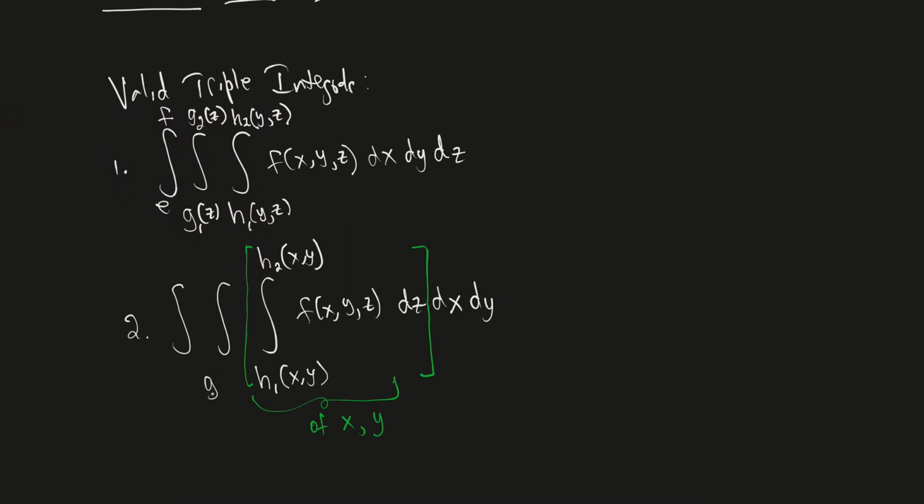So this could be in terms of y, and that could be in terms of y, and then finally the last pair of limits for us is always going to be a number. I'm just going to use c and d, because I like to use e and f for constants for z, c and d for constants for y, and if we were using x as the last variable of integration, I would probably use a and b as my limits. But there you go, right?